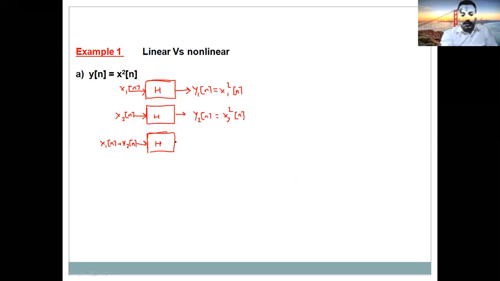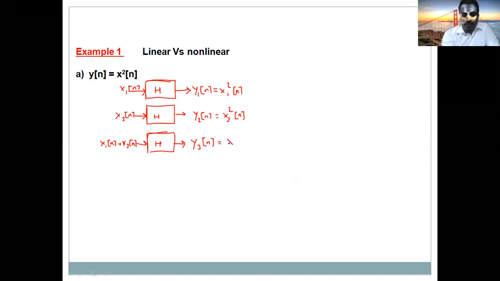What will be the response of this system? Whatever input you applied, the output will be the square. So let's call this output y3 of n. y3 of n means the square of this.